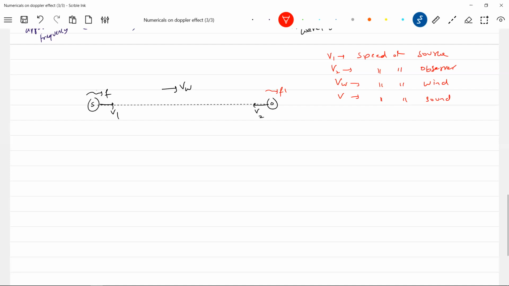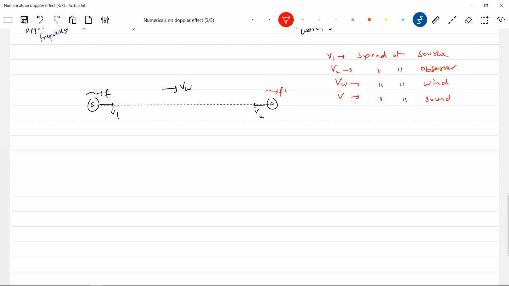What about the apparent frequency and apparent wavelength also? I'm interested. Okay, the wind is blowing from source to detector. It can blow in any direction, no?